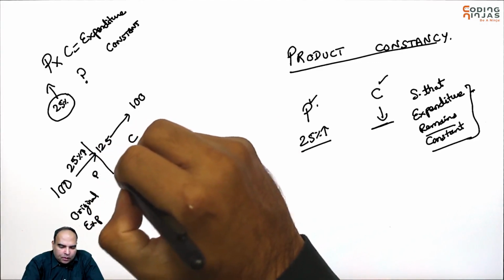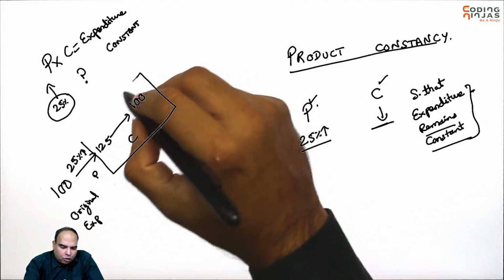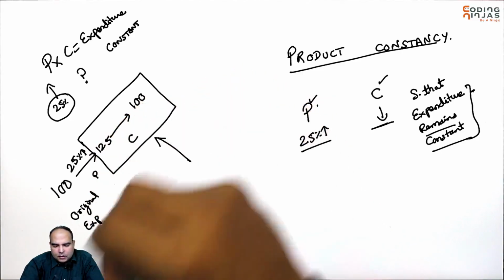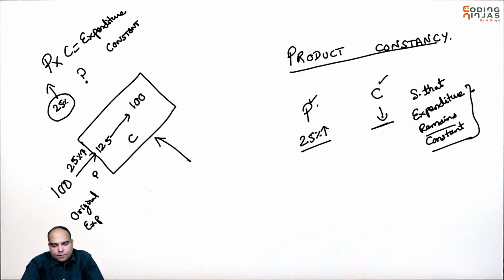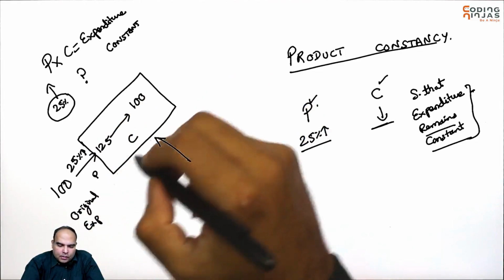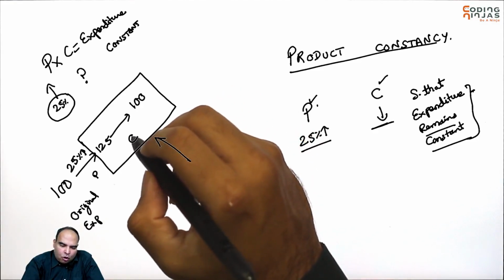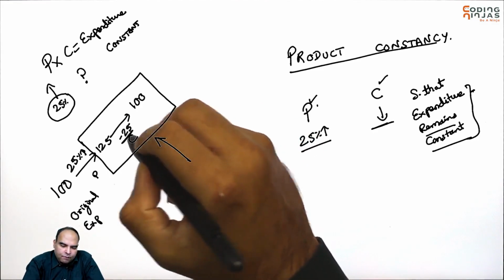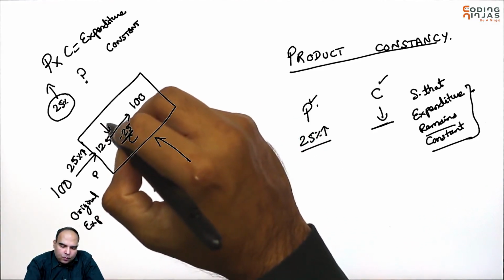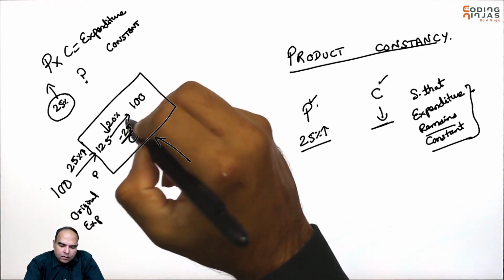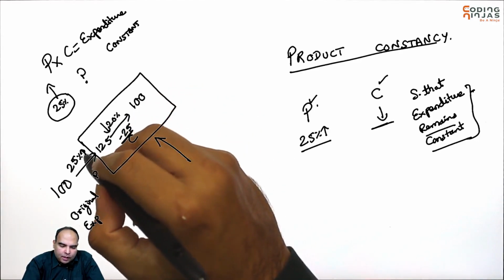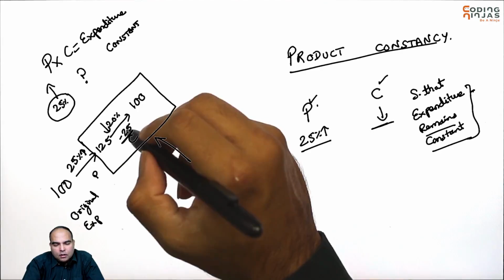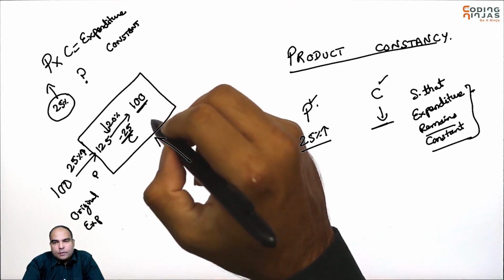How much percentage drop you need on consumption will be visible from this part of the picture, and you're using structure 1 of the PCG here. There's a drop of 25 on 125, which means the drop is 20%. So a 25% increase in price is offset by a 20% decrease in consumption to keep the expenditure constant.